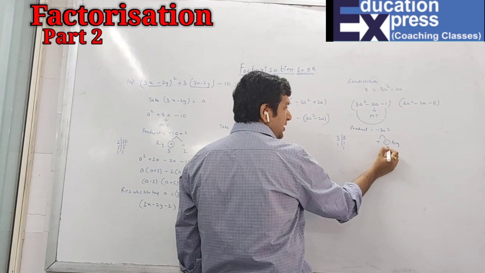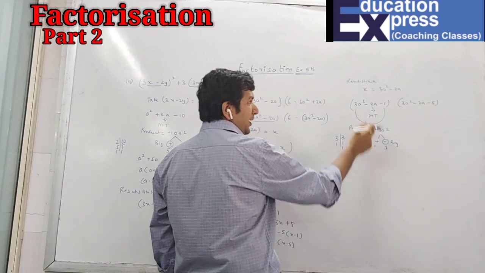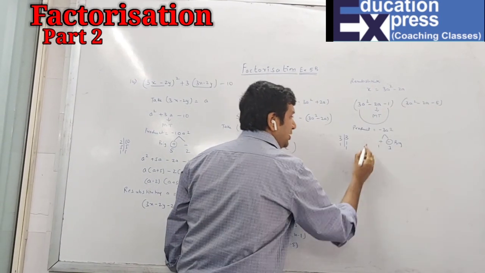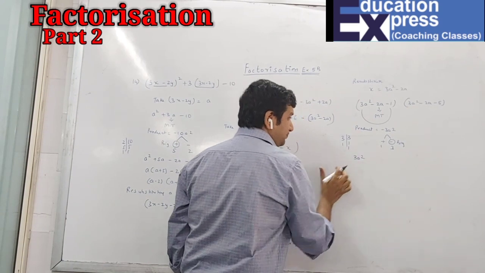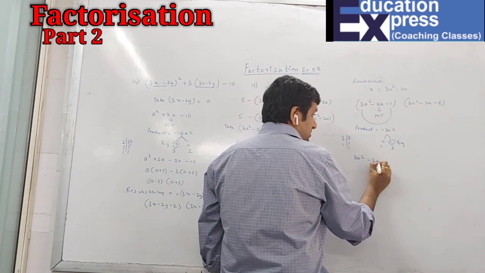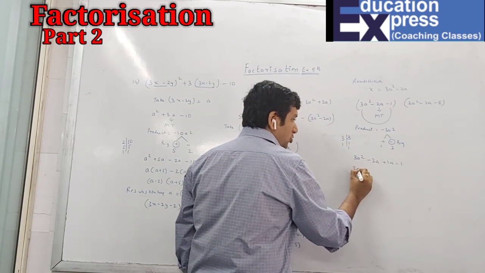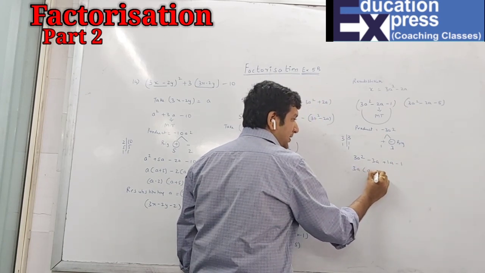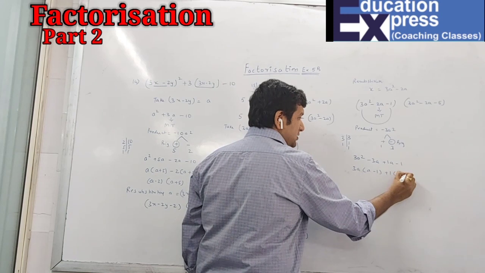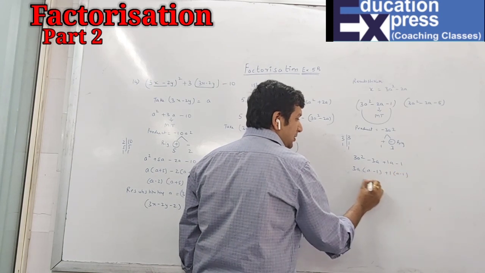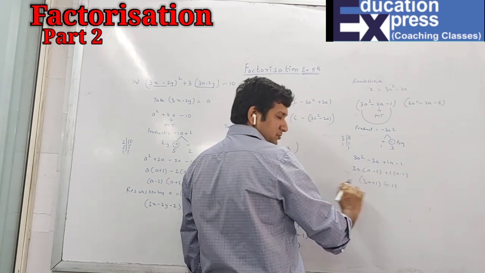So here the bigger number is 3 and this is 1. 3 minus 1 is 2. So I place 3 next to 3 only. So 3a square minus 3a plus 1a and minus 1. So 3a common, a minus 1 plus 1, a minus 1. So 3a plus 1 and a minus 1 is the first answer.